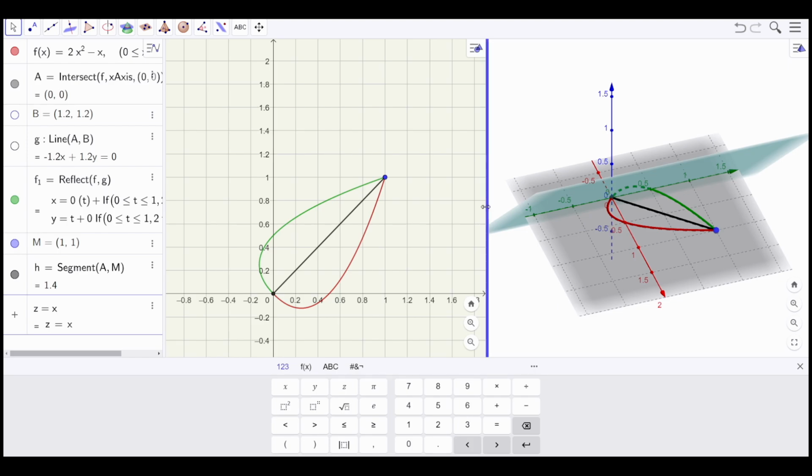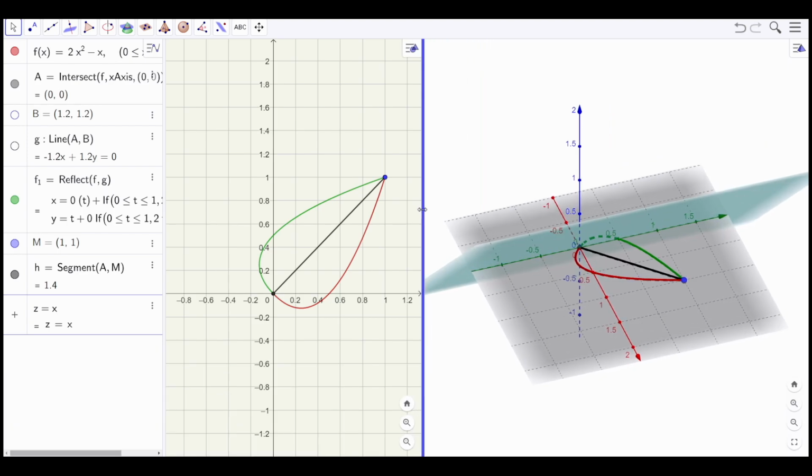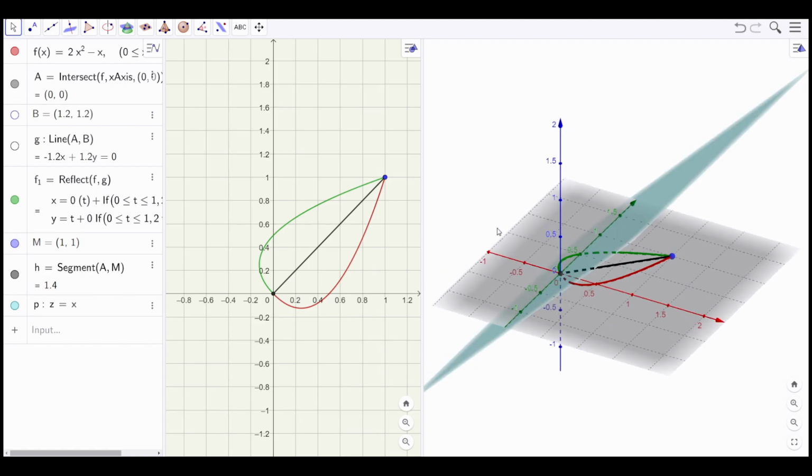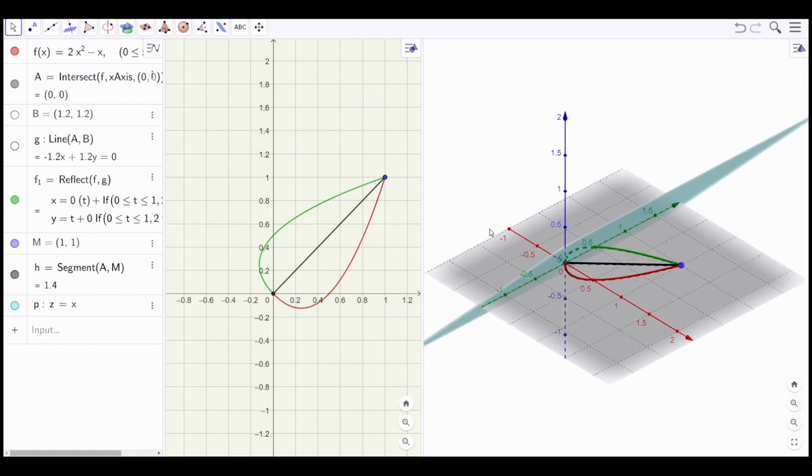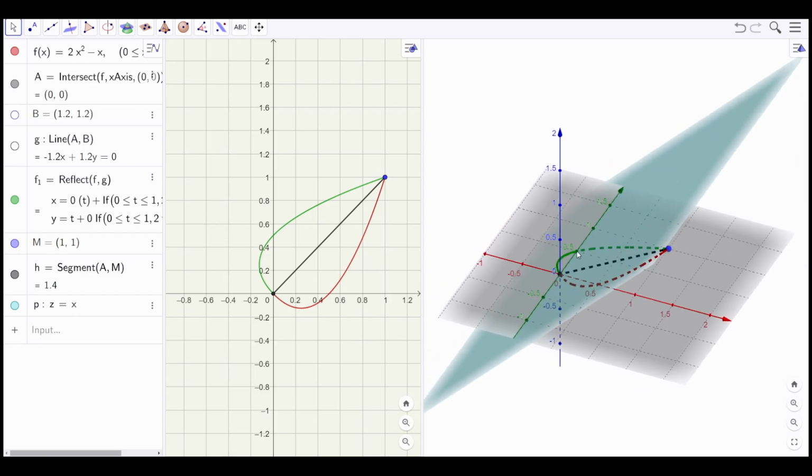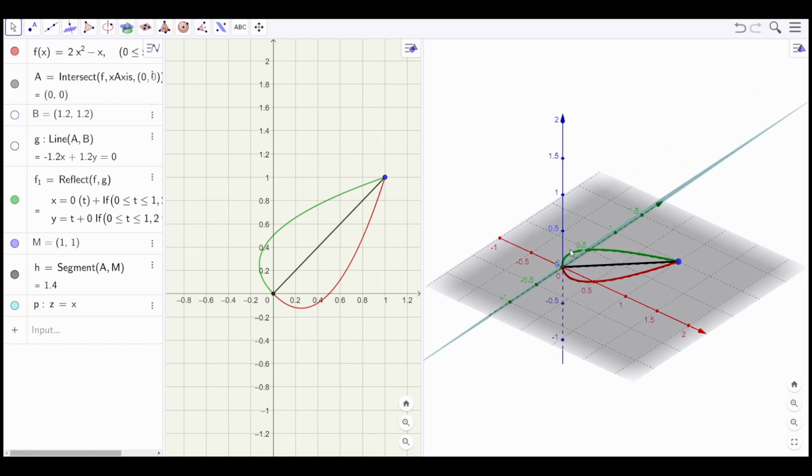So let me make the 3D graph a little bit more visible, and I hope that you understand what is going on now. You see, you lose the notion of symmetry if you go to 3 dimensions. I hope that you agree with me that if I calculate the integral on this part, what I am calculating is the volume restricted with this domain from below and restricted by this oblique plane from above.